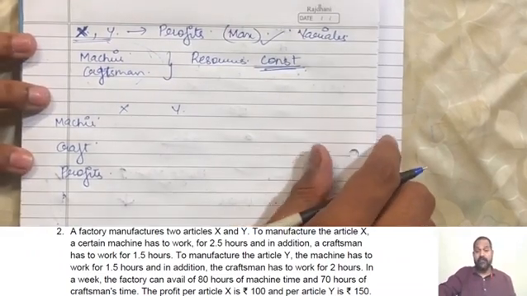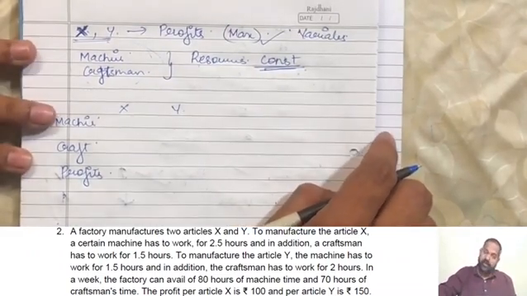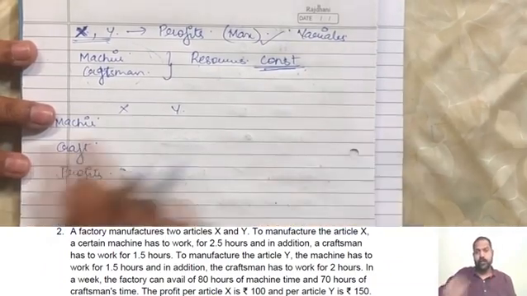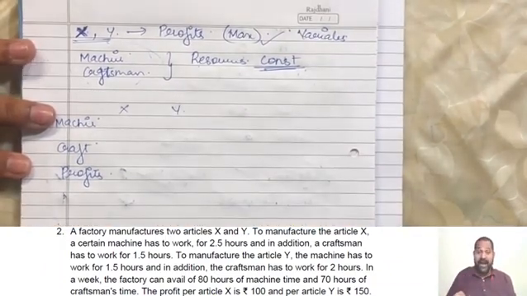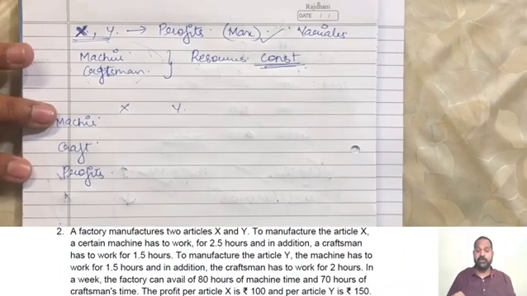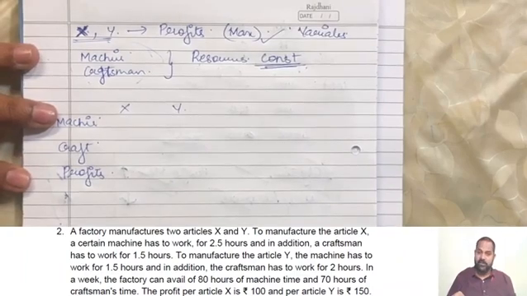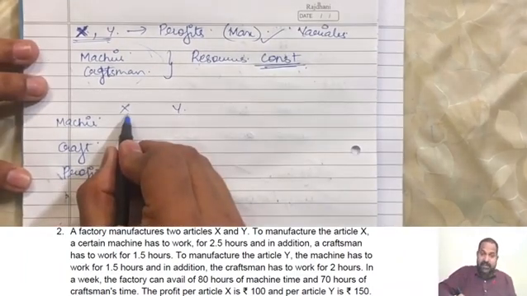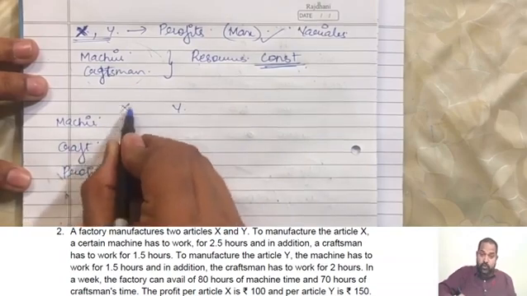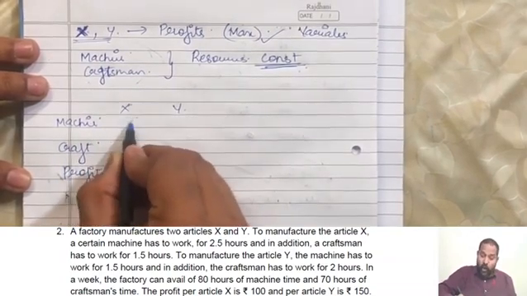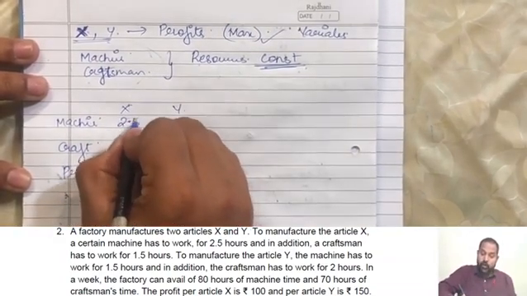A factory manufactures 2 articles, X and Y. Okay. To manufacture article X, a certain machine has to work for 2.5 hours. So X on the machine takes 2.5 hours.